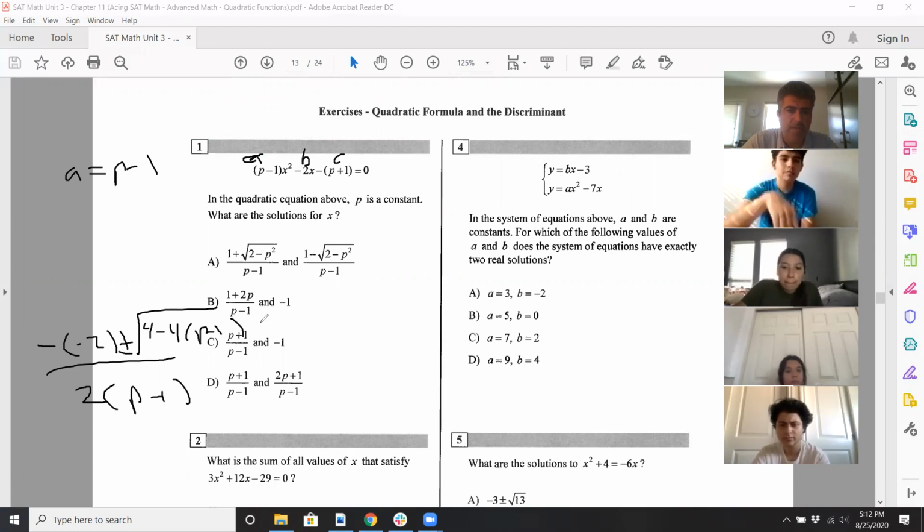A is P minus 1, B is negative 2, and C is negative parentheses P plus 1. So you could probably distribute and make it negative P minus 1.